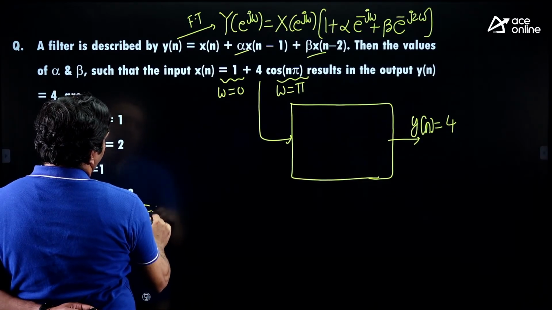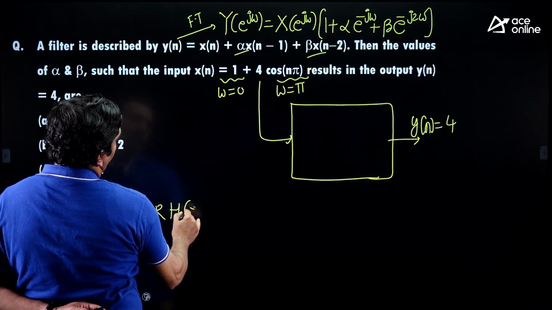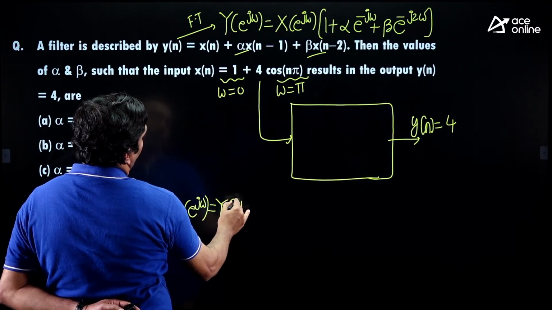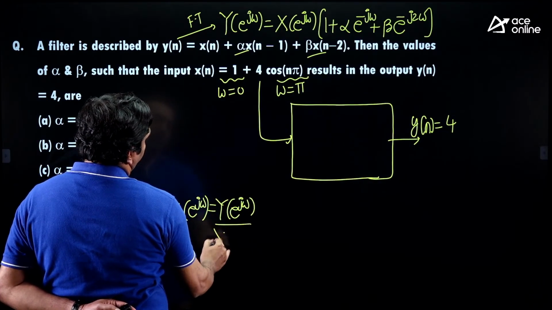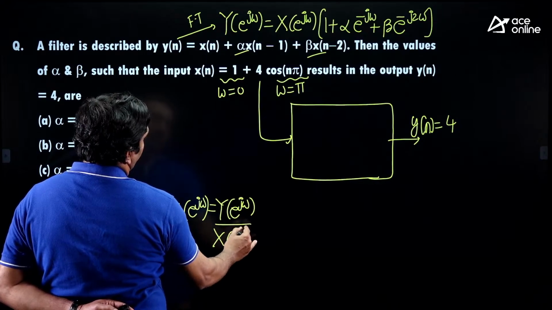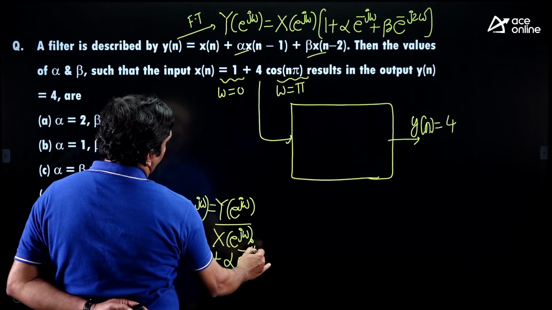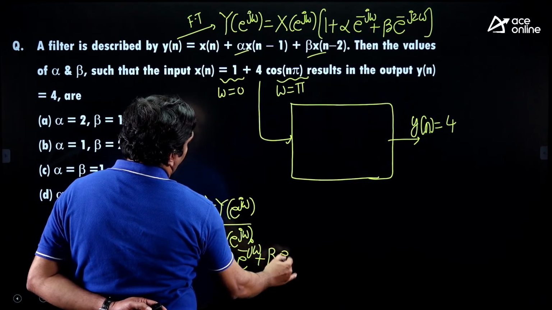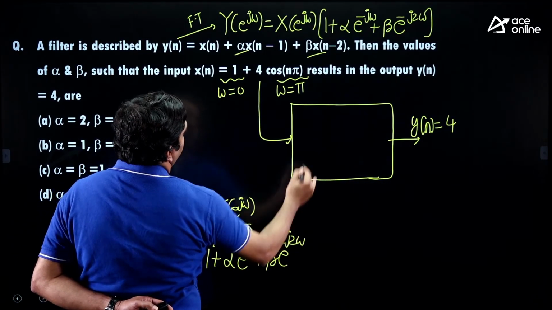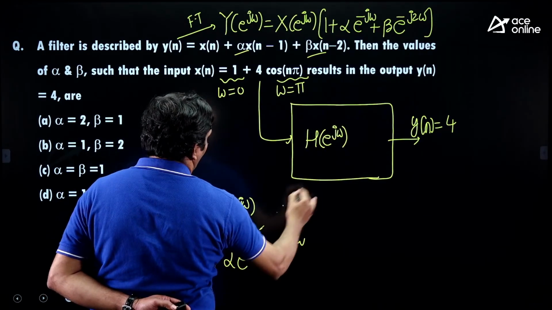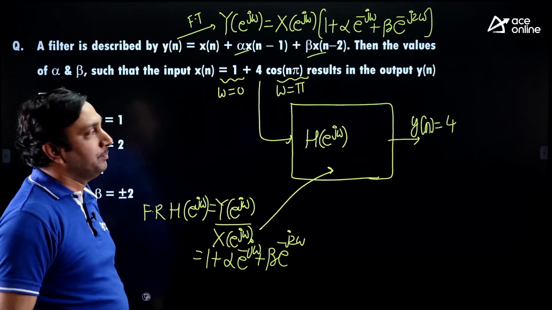It means the frequency response H(e^(j omega)). What is frequency response definition? Fourier transform of output by input. That we can adjust as 1 plus alpha e^(-j omega) plus beta e^(-2j omega). What is this black box? Our frequency response, which is known, but coefficients are unknown.